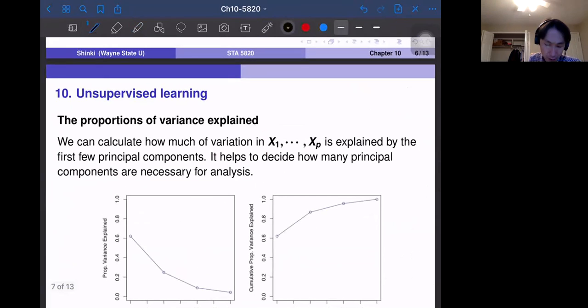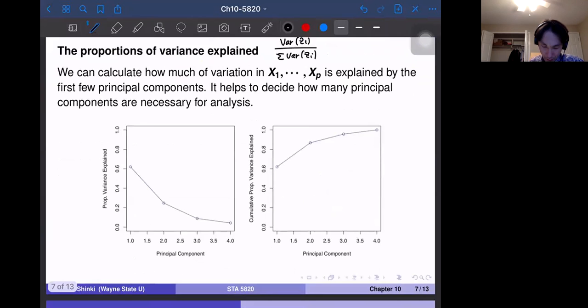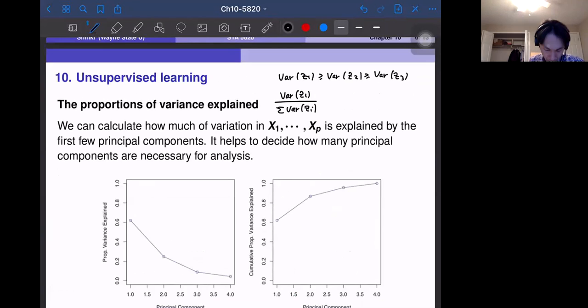And if we consider the variance, for example, the variance of Z1 and the variance of Z2, since we maximized these variances, the variance of Z1 is larger than the variance of Z2 and so on. So we can calculate the proportion of the variance of Z1 over the summation of the variances of Z. Then that is represented here. Suppose this is 0.62, then this point is 0.62.